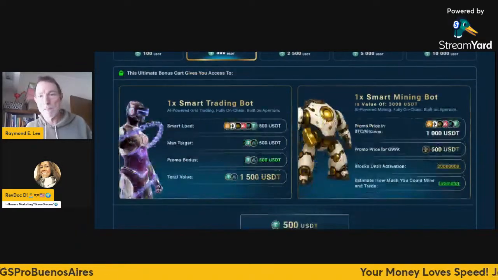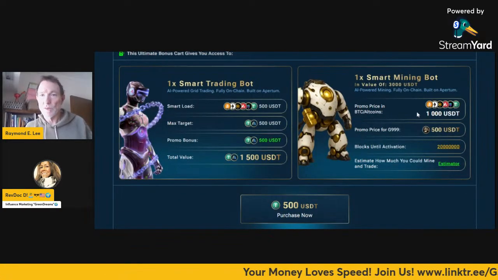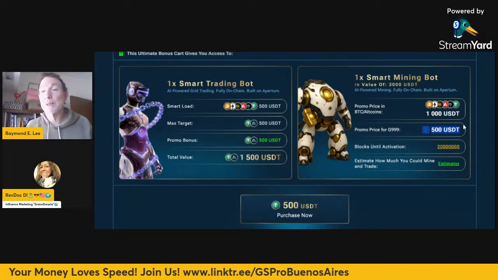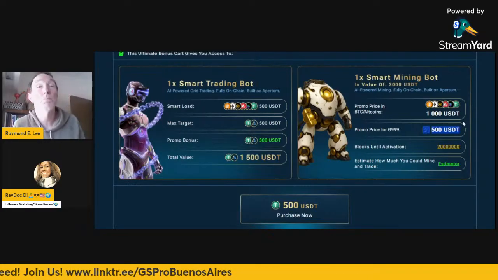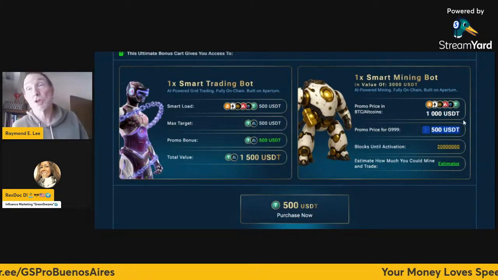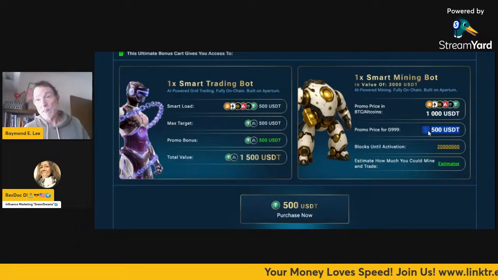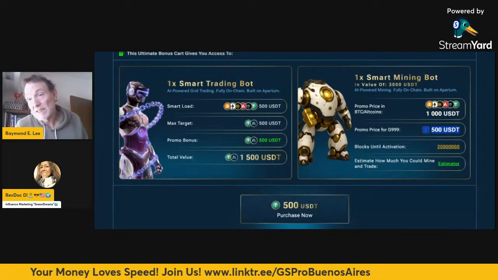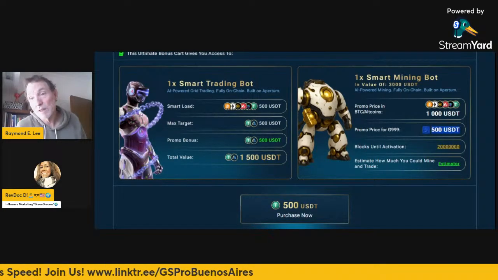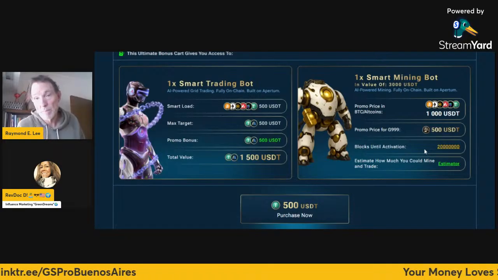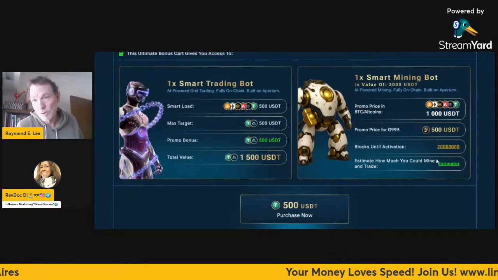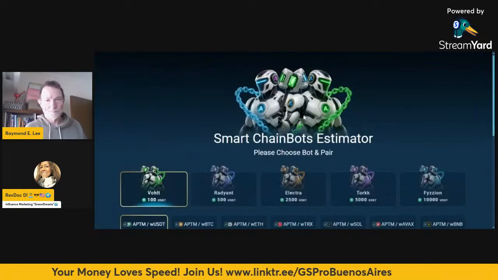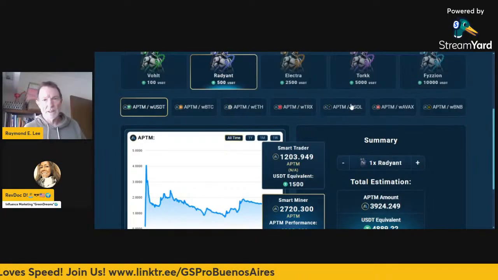Exactly. And then the mining bot, they have an estimator here. It's the same thing. We could use 500 USDT of the G999, which we bought for 0.0003 cents, and put that in here and just set it aside until these 20 million blocks are fulfilled. If we come over to the estimator here, it's the Radiant.